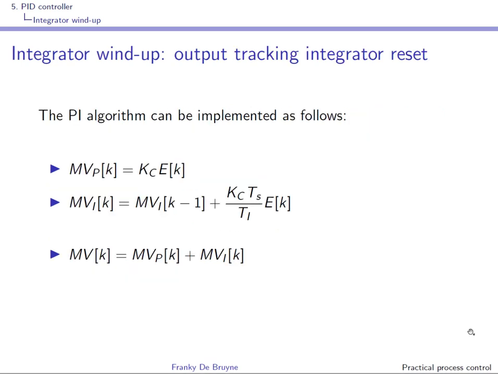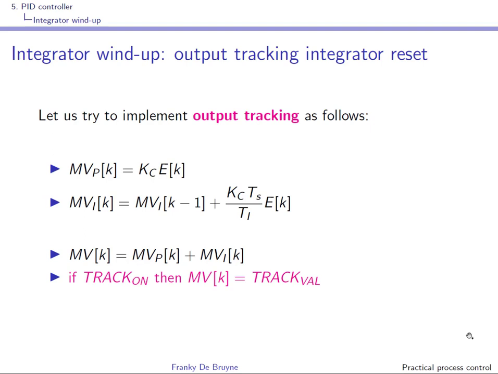What you see over here is the PI controller using the Euler backward difference approximation. The derivative action is left out, and what we want to do is add output tracking. So a first naive idea is to implement it as follows.